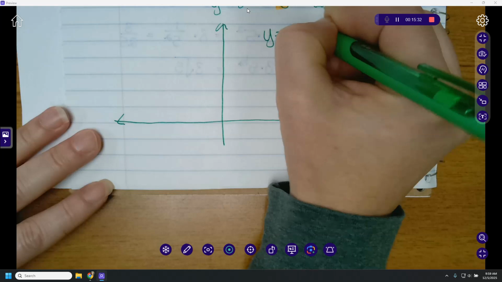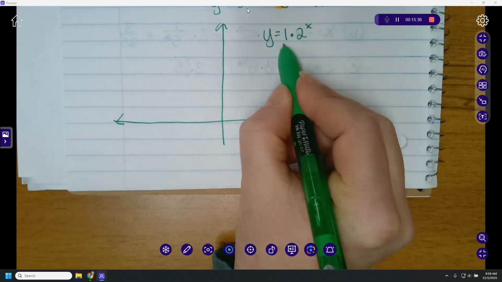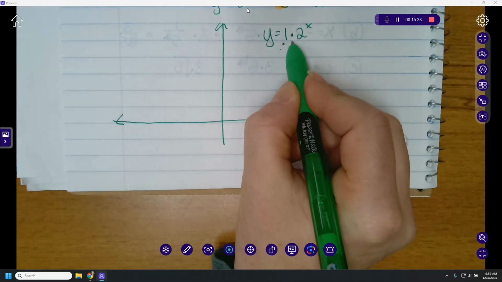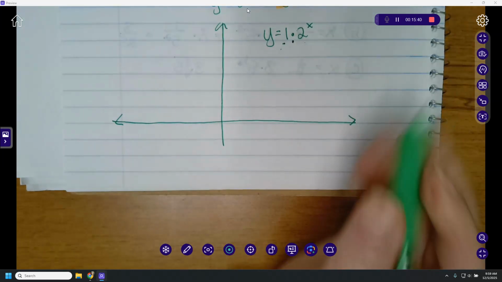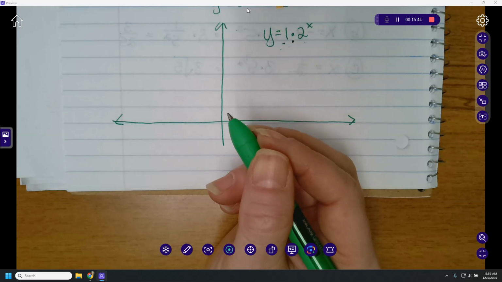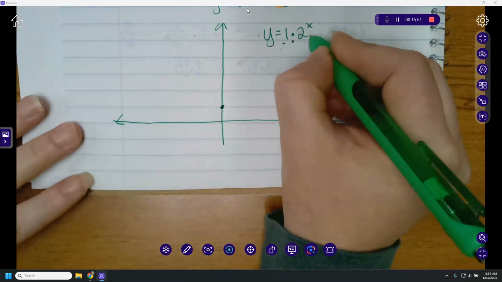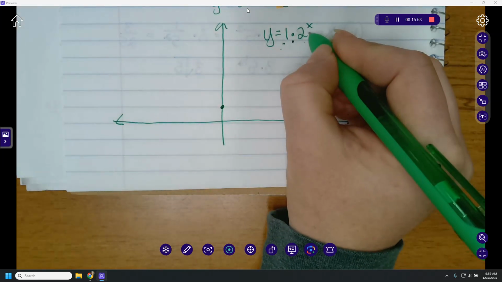2 to the x is really 1 times 2 to the x, so its y-intercept crosses at 1 and it doubles. Let's just graph a point or two. Let's just graph 2 points and realize it's a curve. No drawing lines today, guys. You guys are in pre-calculus. We know this is a curve. So this is 0, 1. What if I multiplied by 2?